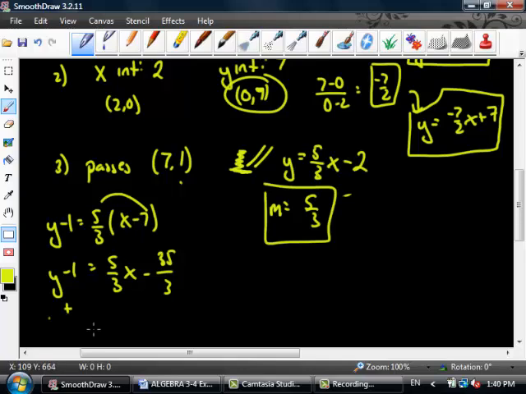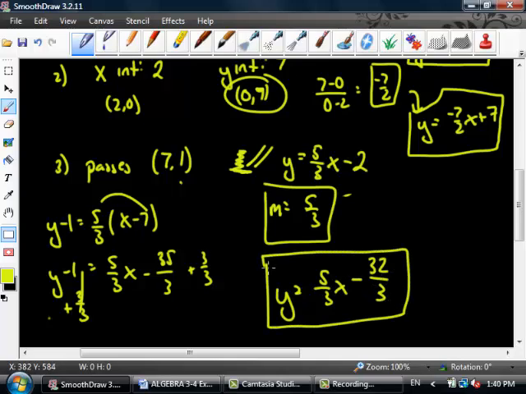I can add 1 or I can add 3 over 3. So I should get y equals 5 over 3x minus 32 over 3. Raise your hands if you got that one. Raise your hands if you were 100% so far.